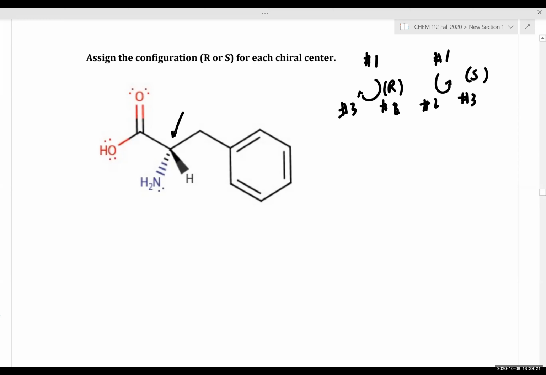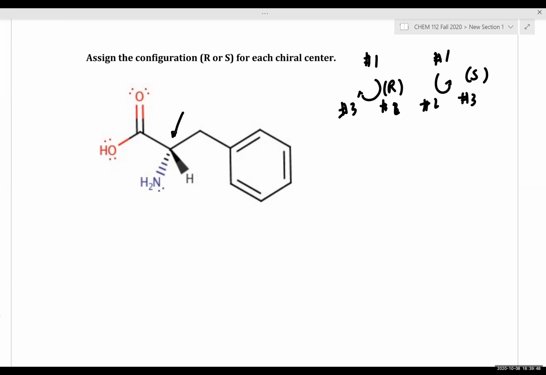And I'd like to see students share in the chat their proposed stereochemistry. In addition to that, ideally, I'd like to see students share their priority numbering using the annotate tool.